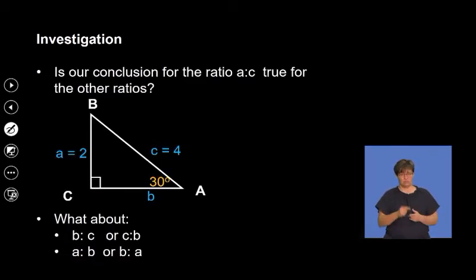Now, is our conclusion for the ratio A is to C true for the other ratios, right? What do I mean when I say for the other ratios? If now I'm comparing B and C, and I'm comparing C and B, also comparing A and B, what will happen? Will it still be the same ratio or not?